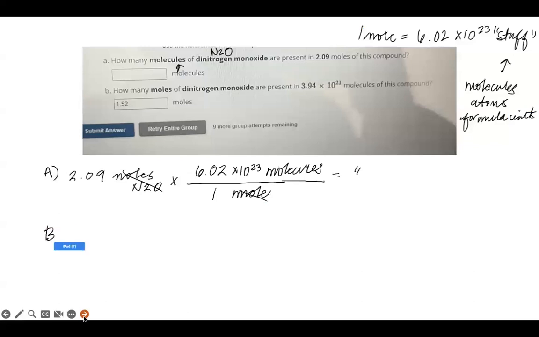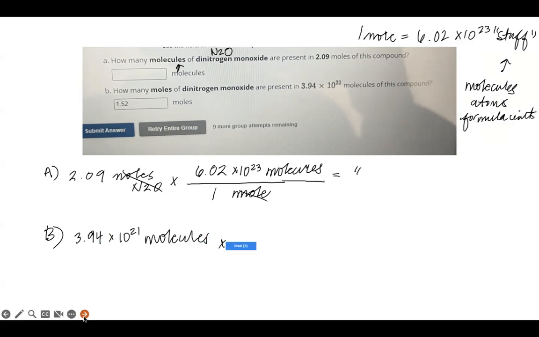B, I see you have an answer typed in. So maybe you've already begun to answer this one. So this time we're just going backwards. This time we're given the molecules and we're asked how many moles is that?